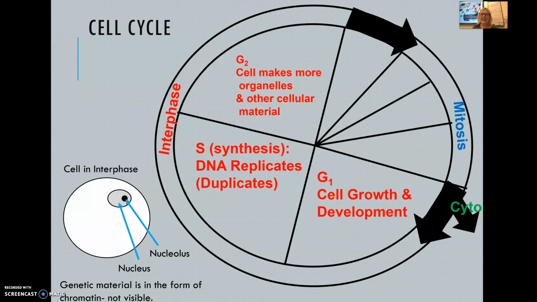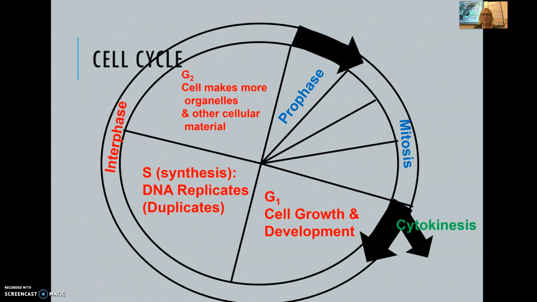Okay, so interphase again is G1, S, and G2. And then we start to divide the cell. And the part where the cell is dividing again is called mitosis. And the first part of mitosis is called prophase.